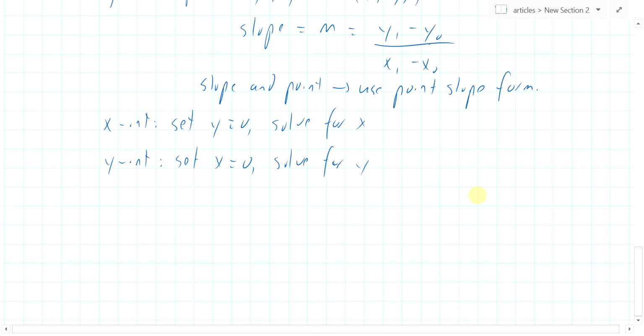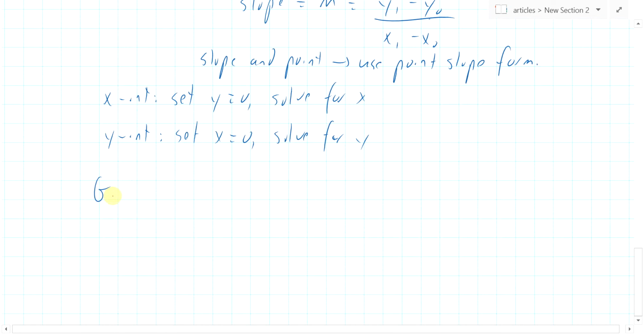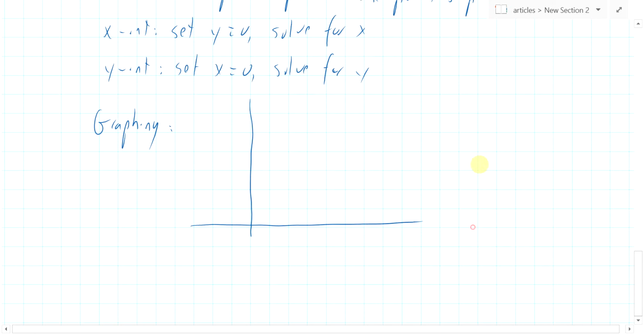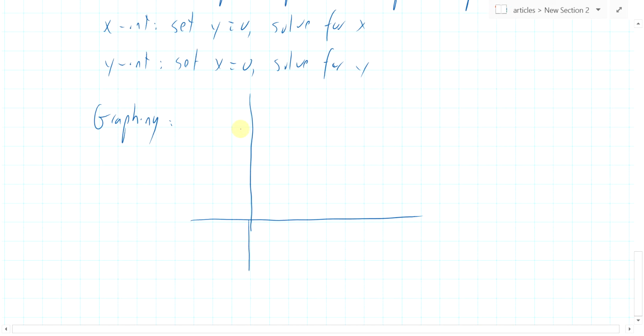And finally, if you're graphing a line, there's not a whole lot of points of interest. Right, let me give myself a little more space here. If you're graphing a line, this is my y-intercept up here. And that's my x-intercept.